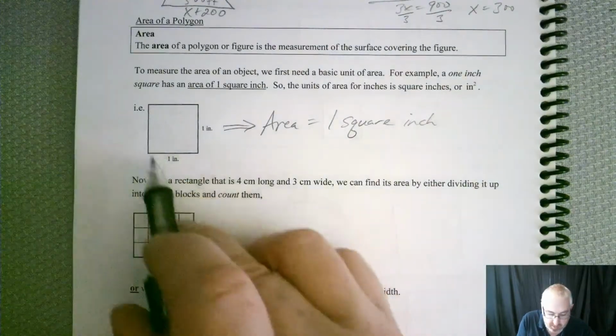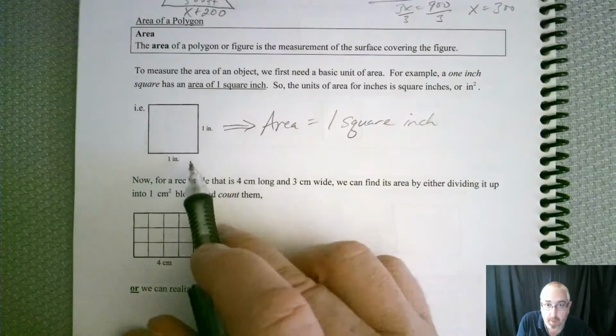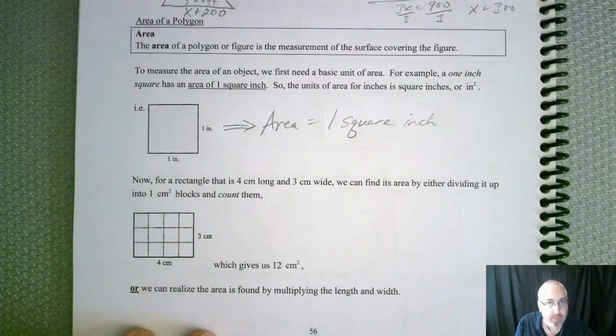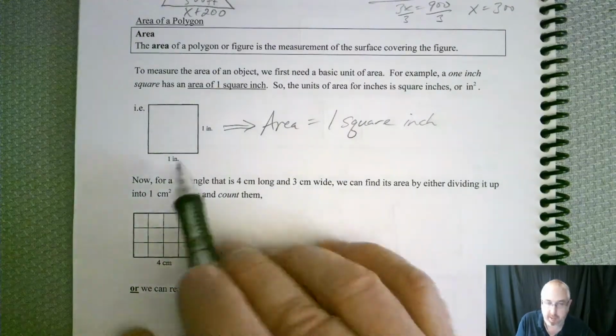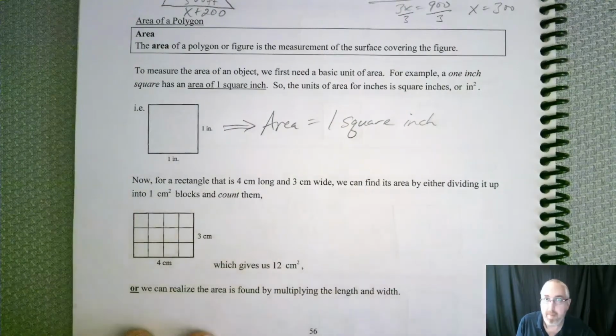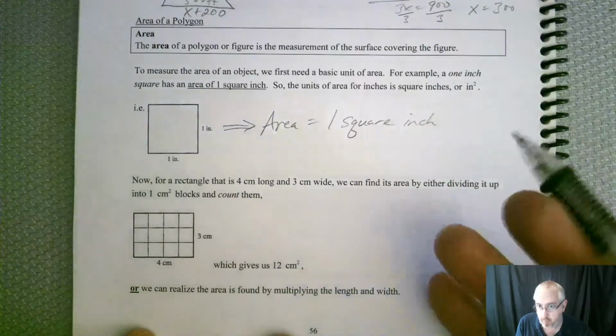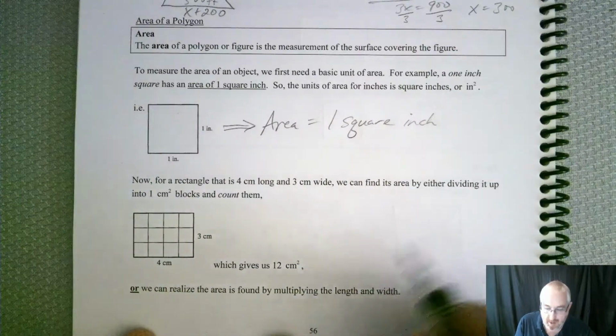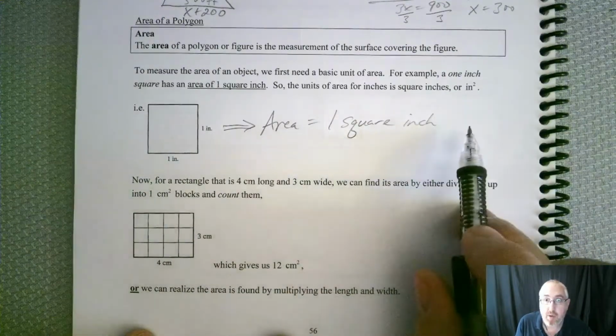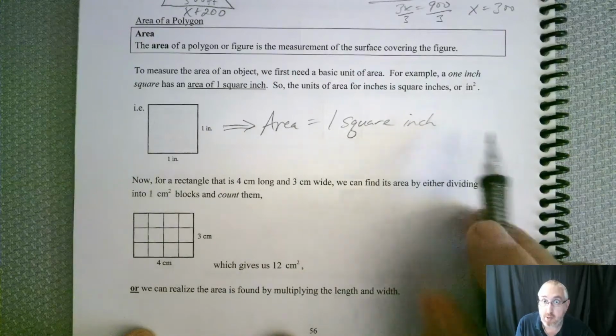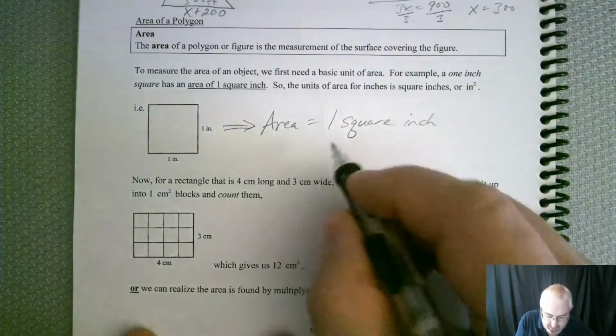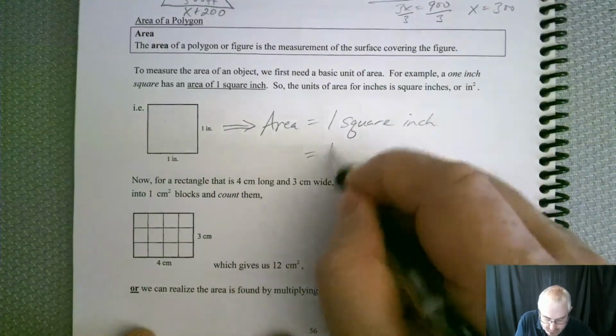That's the basic building block for area. So anytime you have little tiny squares like that, that's 1 by 1, you have 1 square unit, whatever it is. It might be inches, it might be centimeters, it might be miles, whatever it is. It's going to be square, whatever it is. Now, this is a lot of words to write for area. So mathematicians, they like to make things more simple.